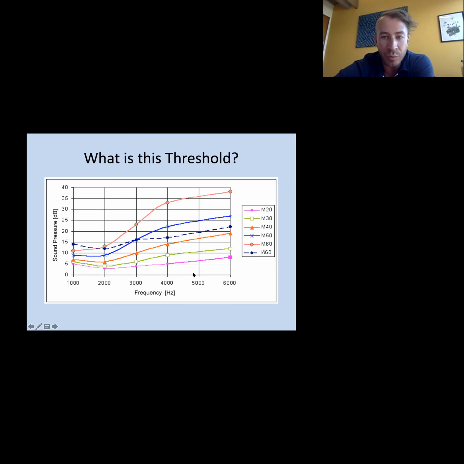What you can appreciate is that as people age, their hearing gets worse. That stands to reason. And by and large, people are more sensitive to higher frequencies, with slightly more sensitivity than at lower frequencies.